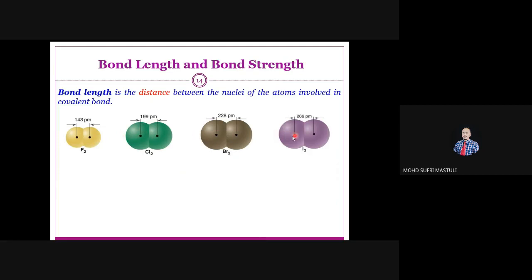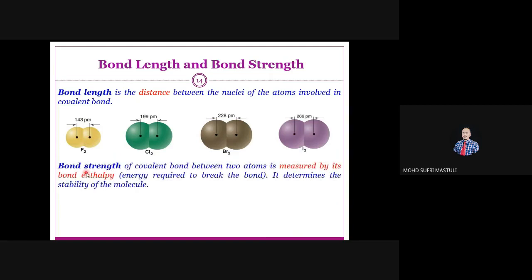Another bond length, another bond length. However, no need to worry, no need to remember these values. As long as you know the bond length is the distance between two nuclei of the atoms involved in the covalent bond.